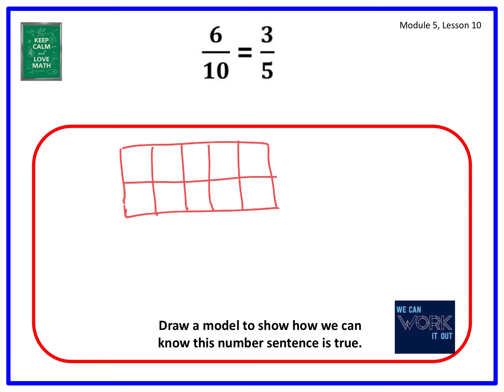We have 10 parts, 1, 2, 3, 4, 5, 6, 7, 8, 9, 10. I'd like you to draw those on your paper. And then I want you to shade in 6 of those parts. So I'm shading in 1, 2, 3, 4, 5, 6. I've shaded in 6 parts, so hopefully you've done the same.